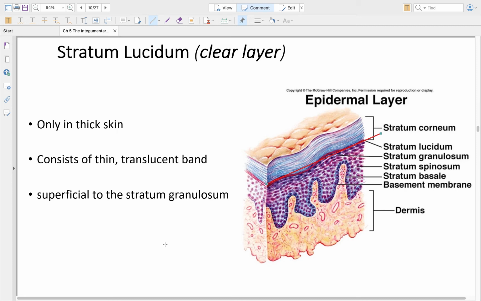This image is just a sketch. In reality, if you looked at a slide, you would see this little thin band instead of this red band. It would be clear. Okay, and it's found again only in thick skin. So that means the palms of your hands and the palms of your feet.